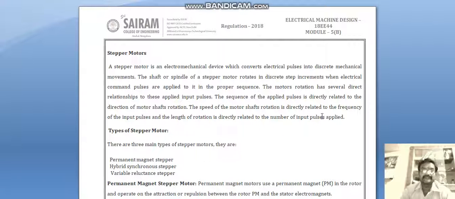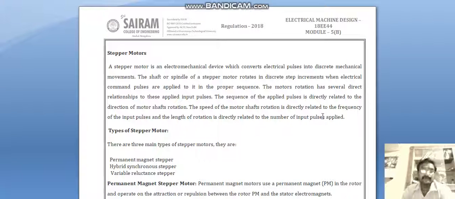So a stepper motor is an electromechanical device which will rotate based on the input pulse signals, not a supply. Supply is also needed, but it rotates based on the input signals or pulses. If the frequency of the pulses is high, then it rotates fast. If the frequency of the pulses is low, then it moves step by step.